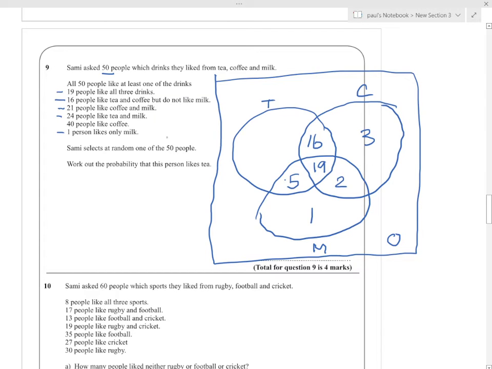Now, we were asked 50 people, so let's add all this up together. So I'll do that again. 16, 26, 35, and that makes 40, 46. So there's 4 people left that just like the tea.